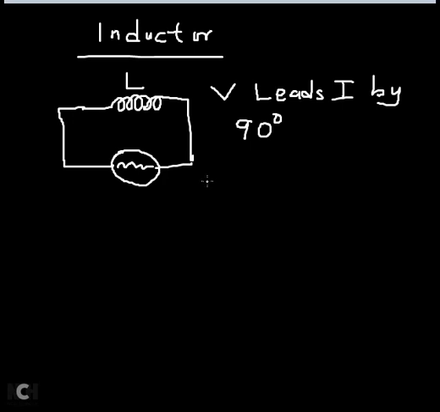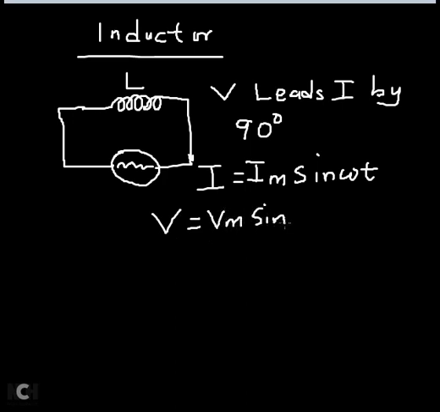If the equation of the current is I maximum sine omega t, then the equation of the voltage is going to be equal to V maximum sine, this time around, omega t plus, not minus, because voltage is leading, plus the phase angle 90 degrees, which in radians is pi all over 2.